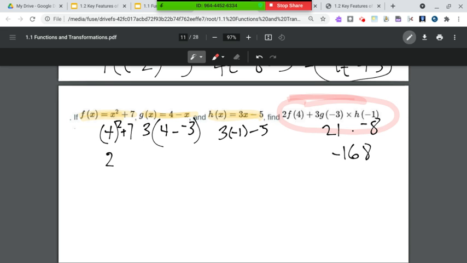We multiply 23 by 2 and we get 46. And then we do 46 plus -168, and our final answer would be negative 122. Perfect.